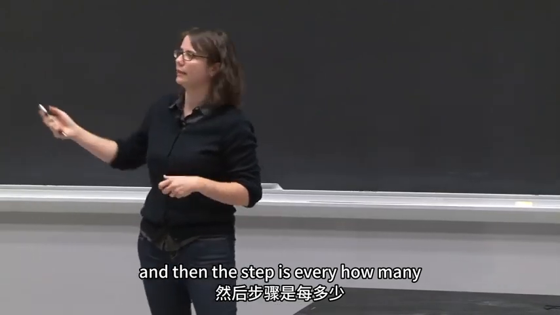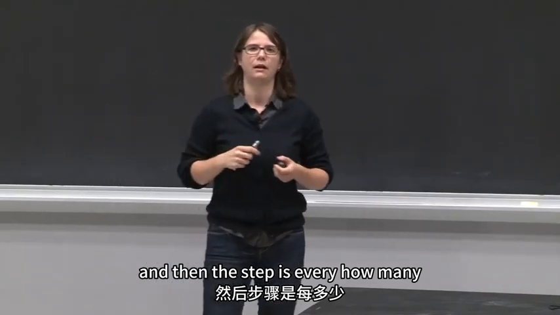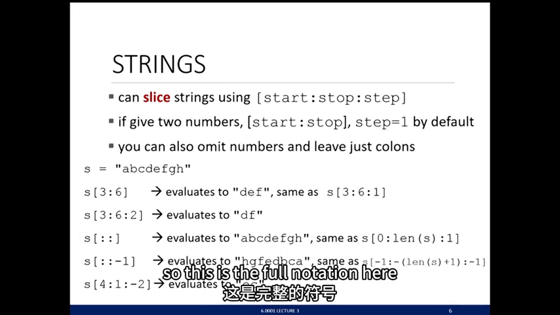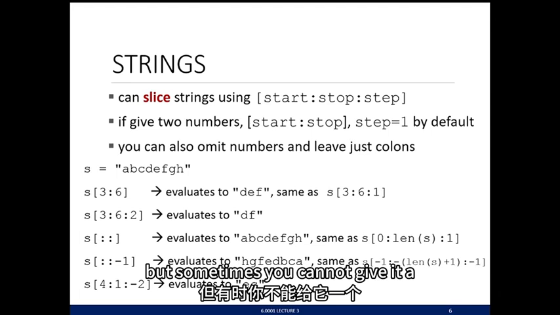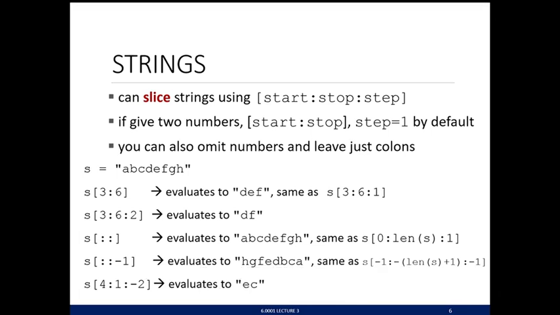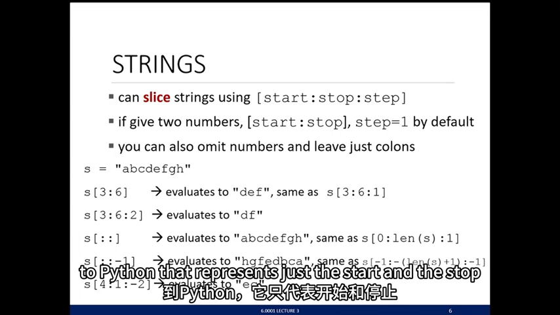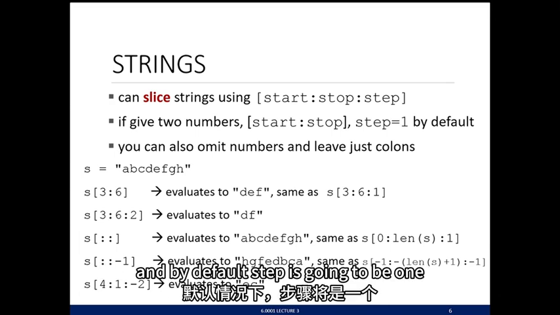And then the step is every how many letters you wish to take. So this is the full notation here, but sometimes you can not give it a third number in here. If you only give it 2 numbers, then to Python that represents just the start and the stop, and by default step is going to be 1.